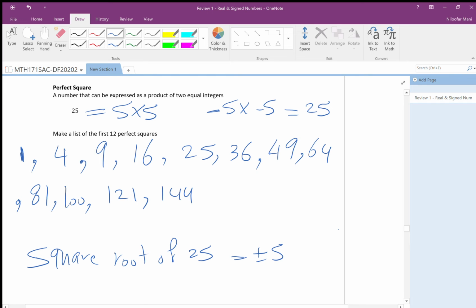But when I use radical 25, because I define this symbol, which I highlighted, to be positive, and I showed you in the previous video, you have to say just positive. That's why when you use radical in your calculator, it doesn't show you negative. But I see many teachers say radical 25 is plus minus 5. Okay, so if you make this mistake, I accept, but that's wrong, and I showed you in the book.